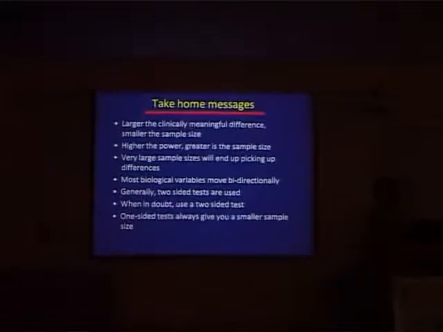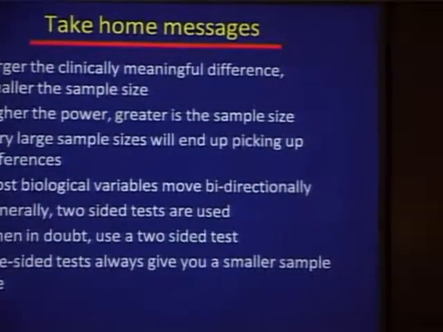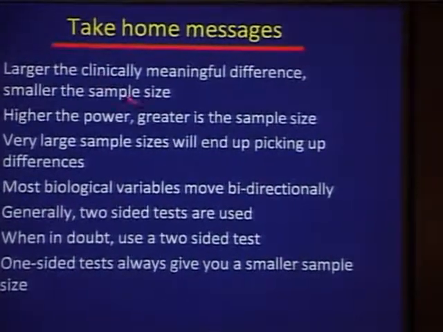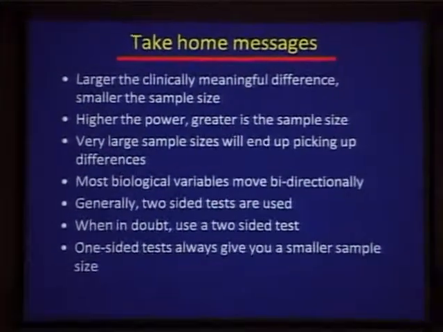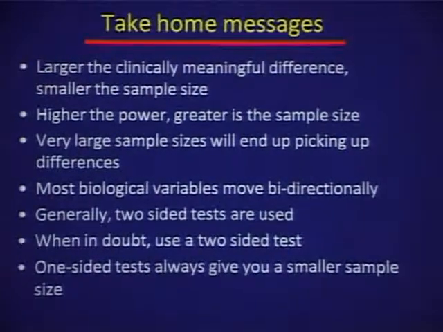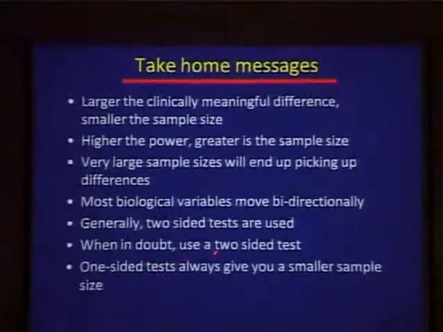Just a couple of take-home messages. When the difference between the groups that you study is very large, the sample size tends to be small. The higher powered you study, 90% powered studies will always have higher sample sizes than 80% powered studies.